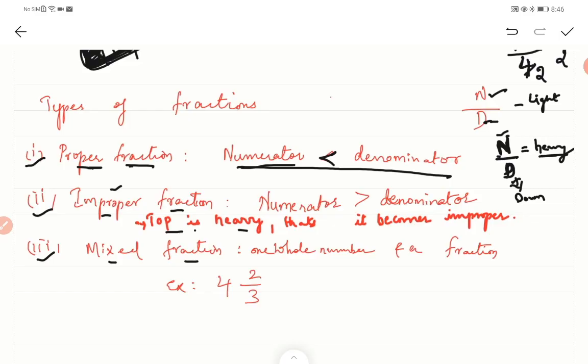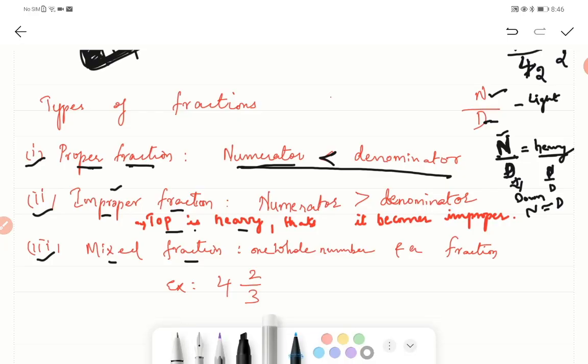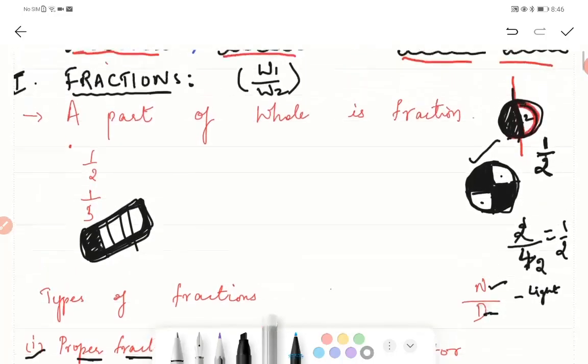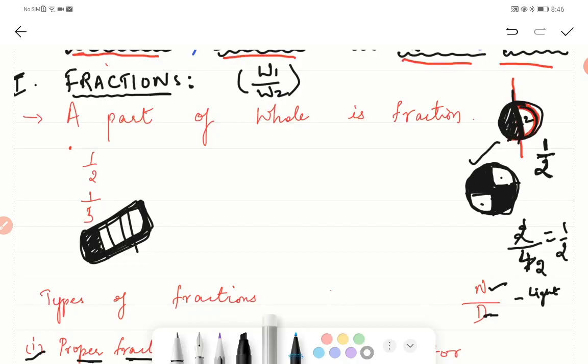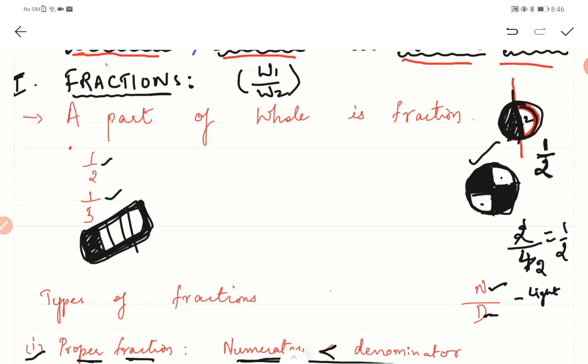In an improper fraction, the numerator can be equal to the denominator. You can have the same numbers, the numerator can also be equal to the denominator. Students, for an example, the fractions we have seen: 1 by 2, 1 by 3.